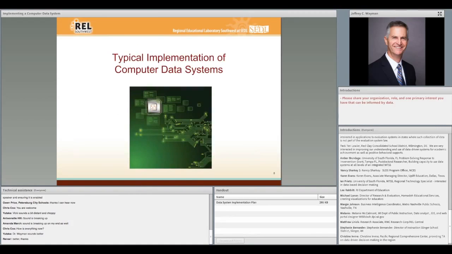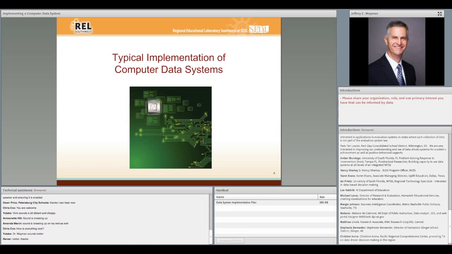Let's move to talking a little bit about what a typical implementation might look like in a school or a school district of a computer data system. Typical implementation from the research that we've done, from the research that other people have done, and also from millions of hours of sitting, talking to teachers, talking to implementers, talking to superintendents, and learning anecdotally about how these things are going in districts.